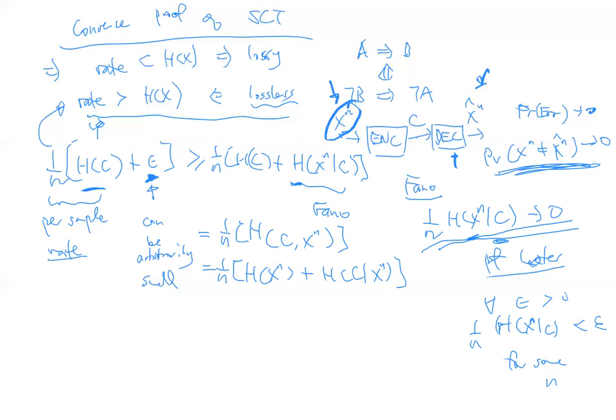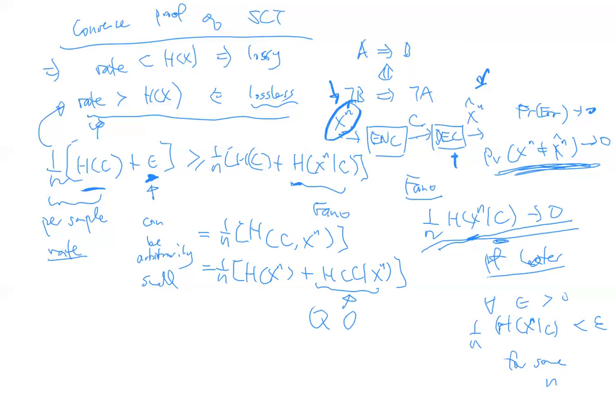Now, I asked you last time, maybe I should ask you again: what was this? Yes, 0, right? This is 0 because, knowing X^n, C is just an encoded value of X^n, and the encoder and decoder are supposed to be deterministic.